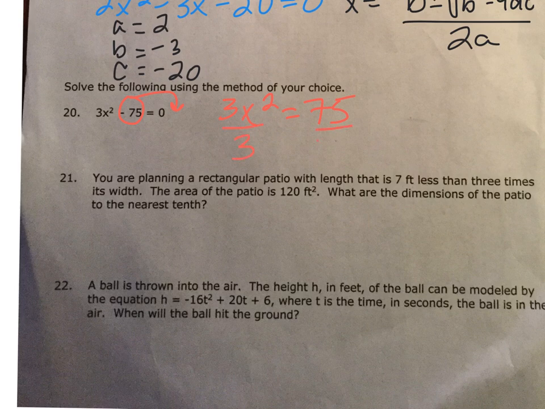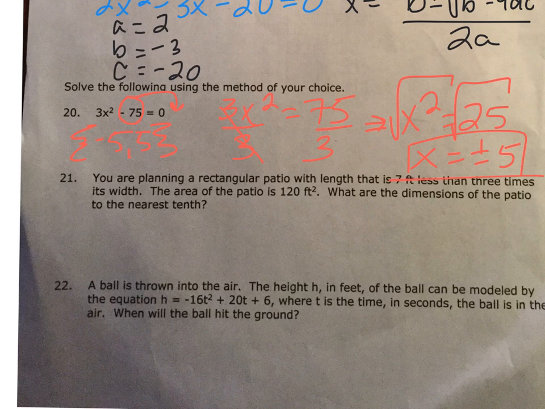And when I divide by 3, so that coefficient is 1, I get x squared equals 25, which makes me happy since 25 is a perfect square. Take the square root of both sides, and x is plus or minus 5. Because 5 times 5 is 25, but so is -5 times -5. So you can write -5, 5, or you could just write it like this as well, plus or minus.